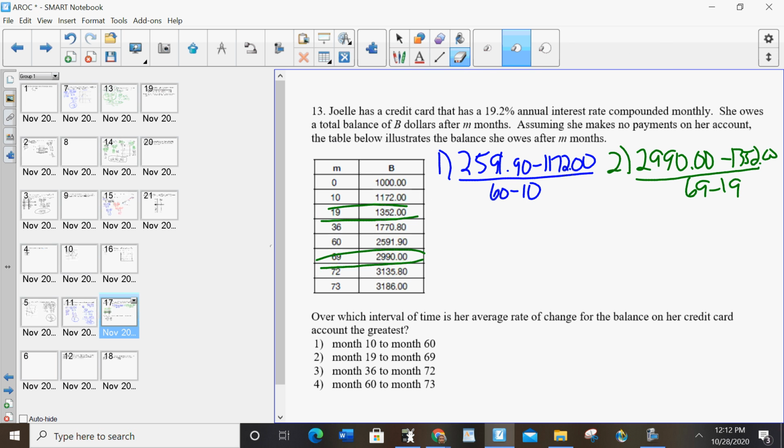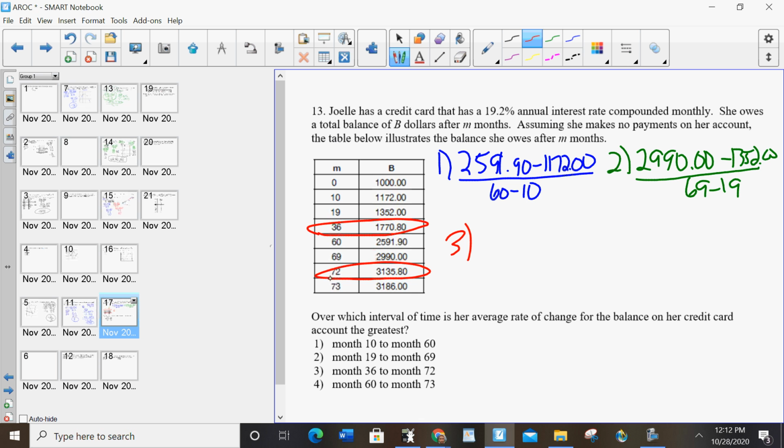Choice 3, 36 to 72, 3135.80 minus 1770.80 over 72 minus 36.